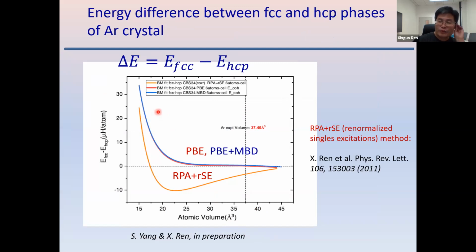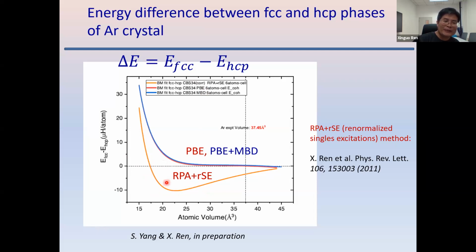Recently we performed a calculation with RPA plus some corrections, which we call renormalized singles corrections. With this approach and with very converged calculations, we can show that in a certain volume range, RPA indeed gives the lower energy for the FCC phase.